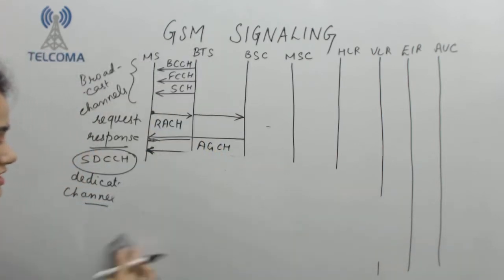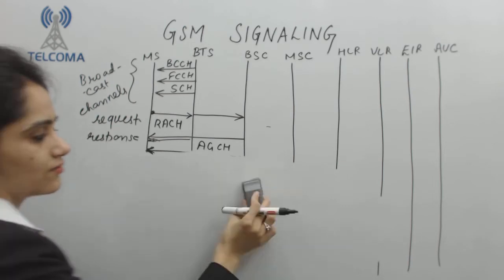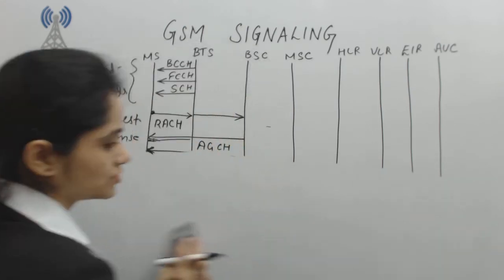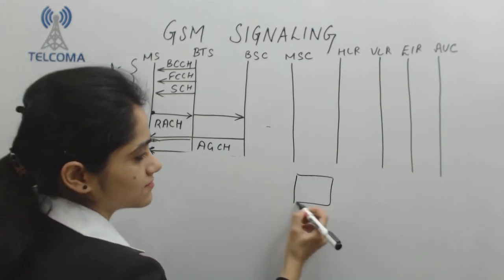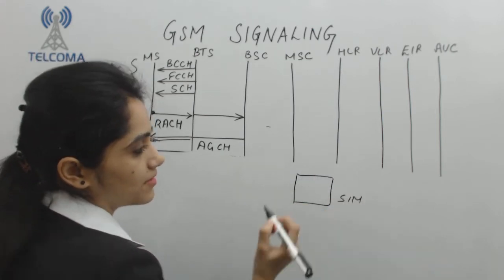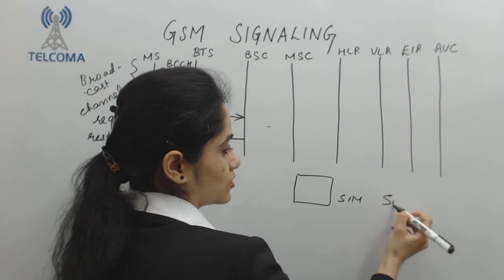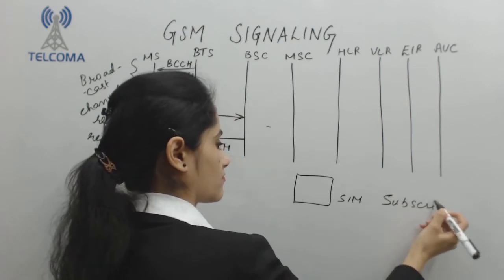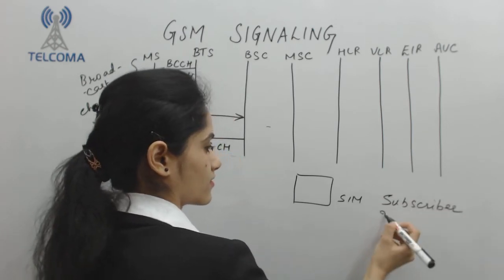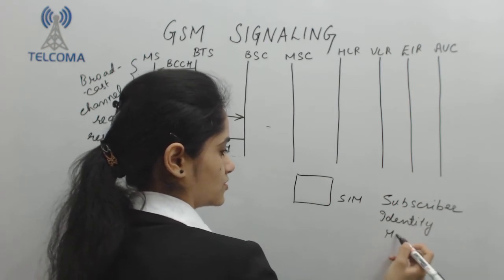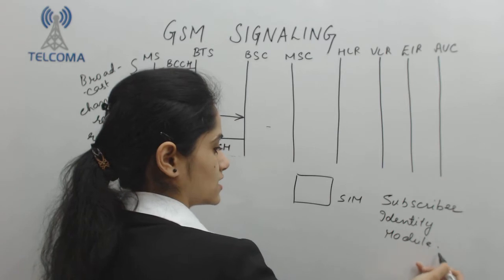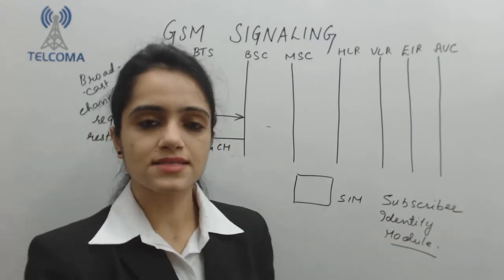When we go to purchase a SIM, if this is a packet of the SIM, SIM stands for Subscriber Identity Module. This subscriber identity module is nothing but a chip that has some memory.